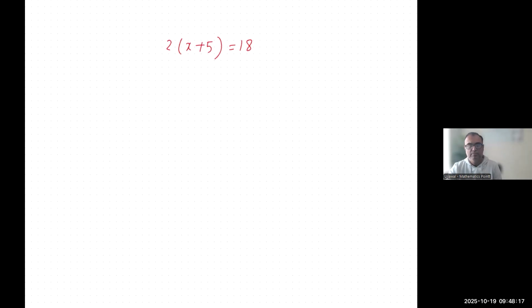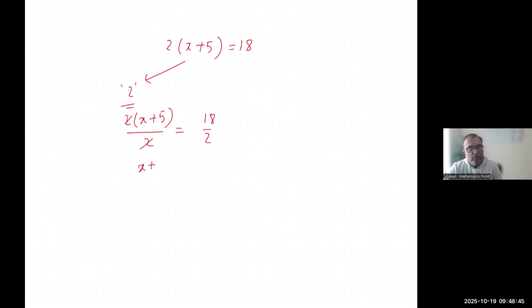Now I can get rid of the 2 first. Let's get rid of the 2. So this 2 is multiplying. I can divide on both the sides. So 2 gone.